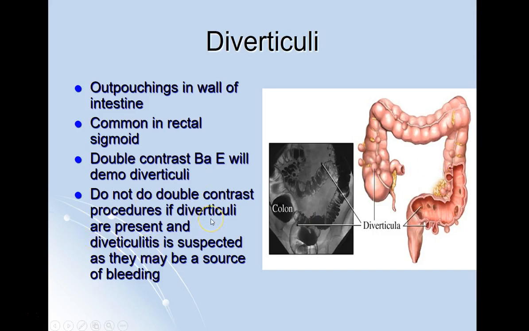So diverticuli or diverticula are completely fine and benign. It's when they become inflamed that the patient will have pain and even bleeding could occur. All right, so a diverticulitis is when you have an infected and inflamed diverticula. Okay? All right.